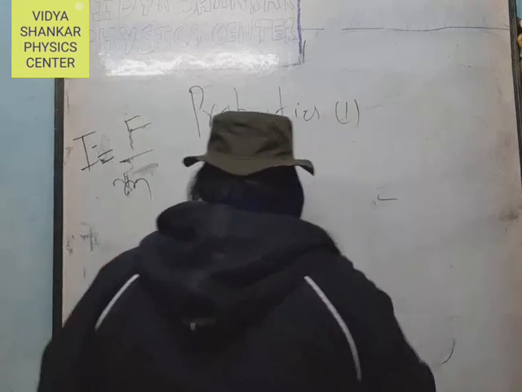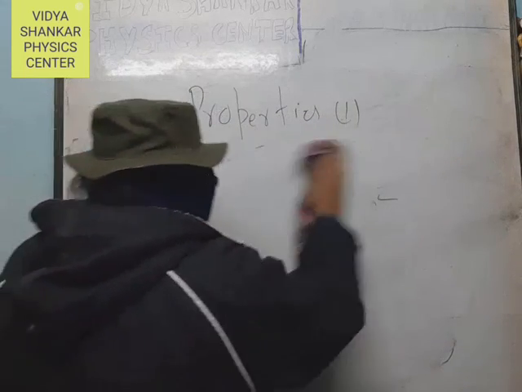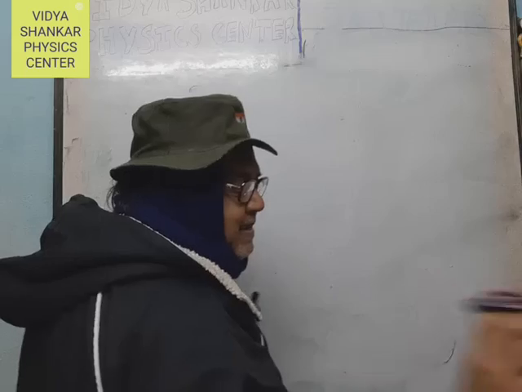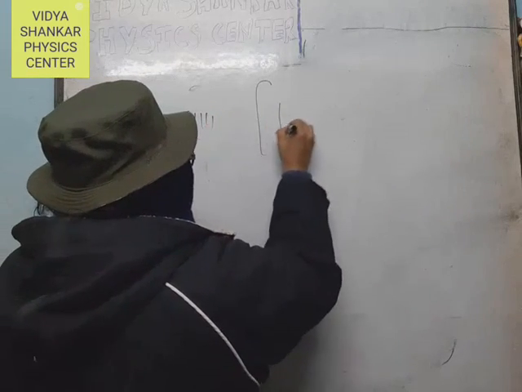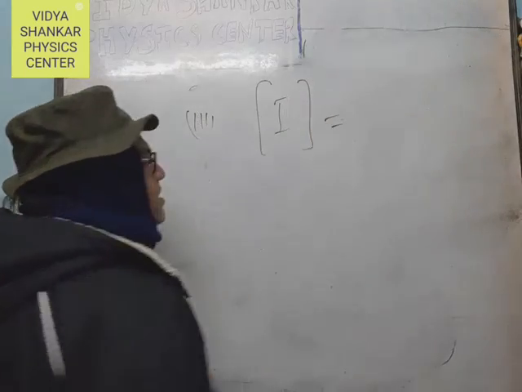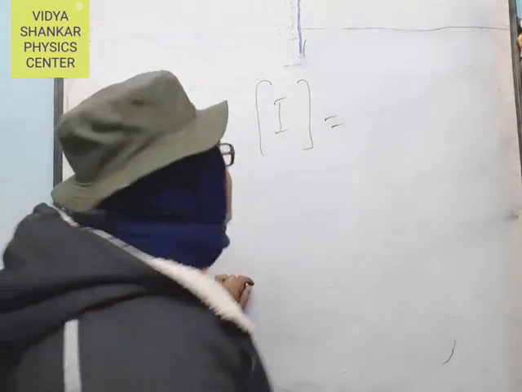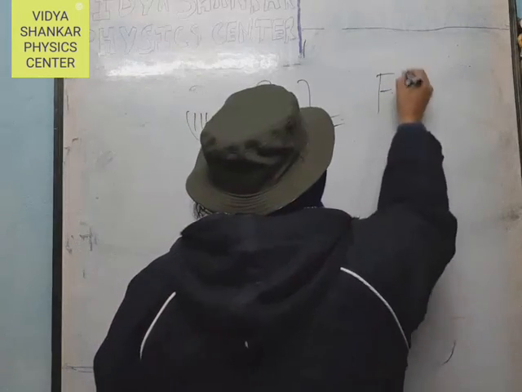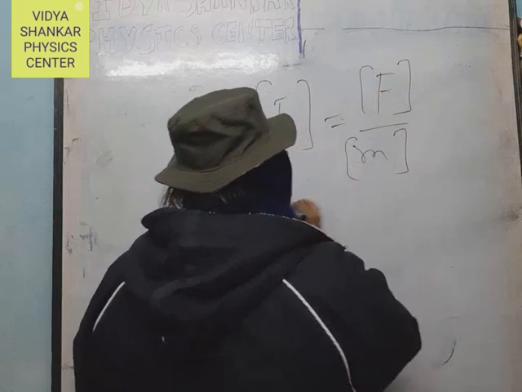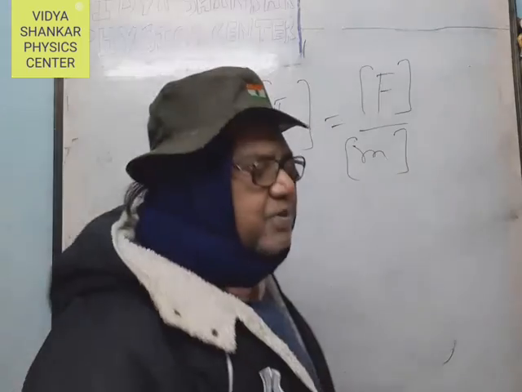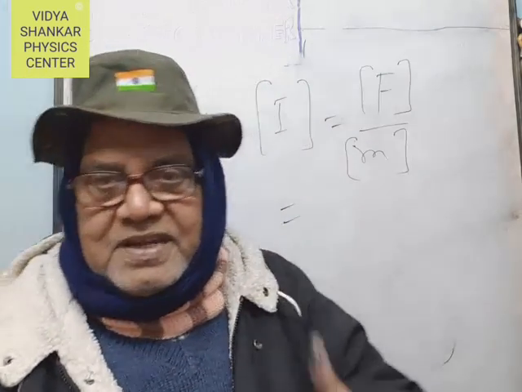Similarly, now the dimension of intensity I. I means intensity of gravitational field. The dimension of F, dimension of M. Now the first chapter of first units and dimension, you know very well the dimensional formula of the force.